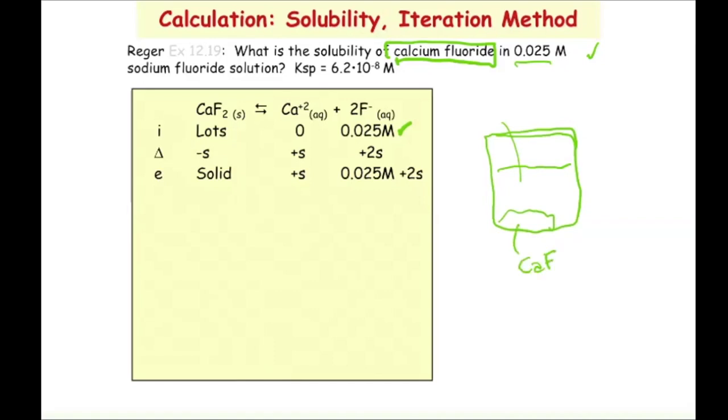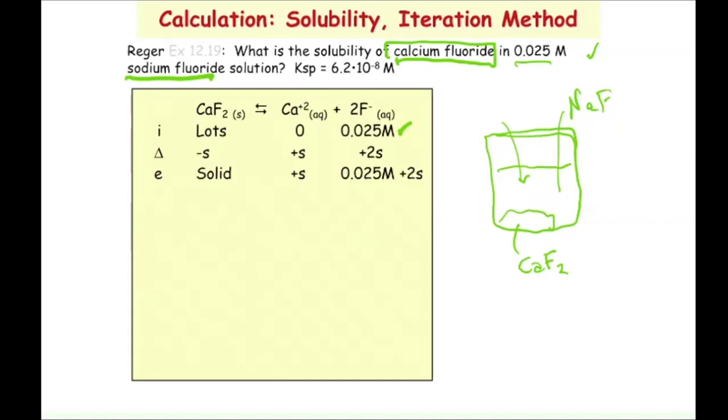And make sure you write the correct formula, because if you don't have the correct formula, your setup is going to be incorrect. And then to this, you've got sodium fluoride, NaF. And that's going to be soluble. Why? Because sodium is a salt that's soluble.